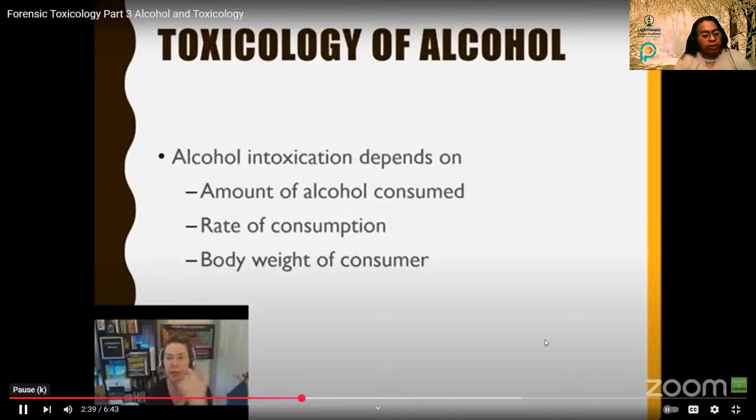I'm going to write down what it says. Alcohol intoxication depends on three things. Everybody can't drink the same, is what they're trying to say. So the amount of alcohol consumed, how fast you consume it, and how much you weigh.